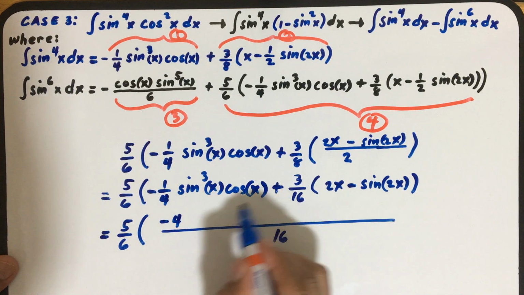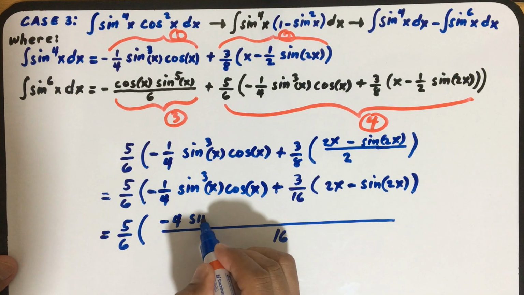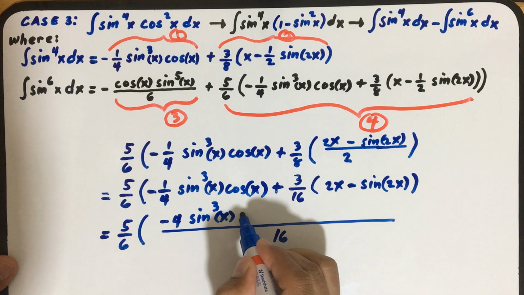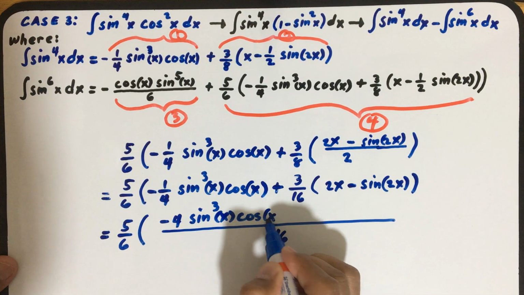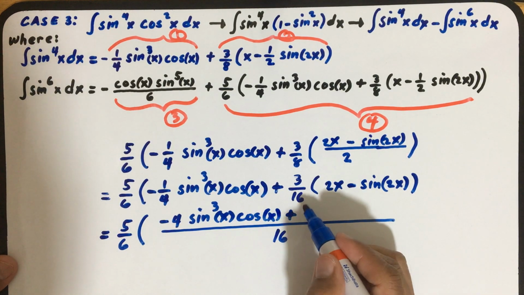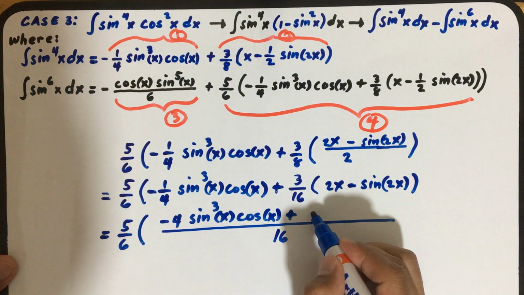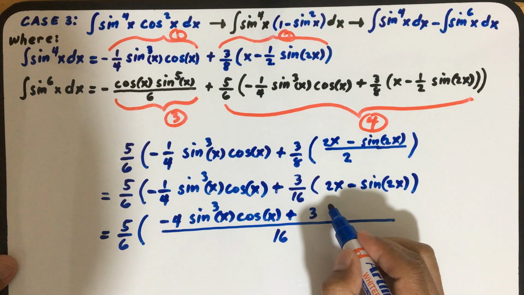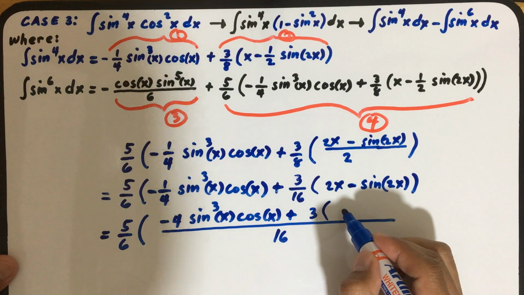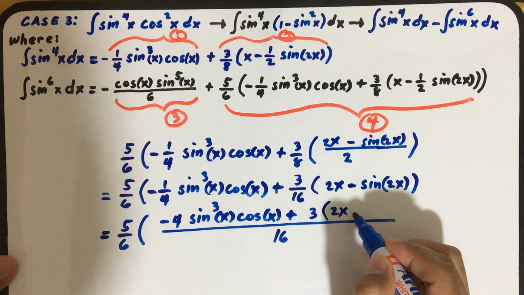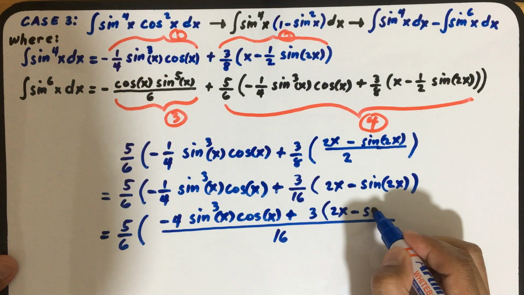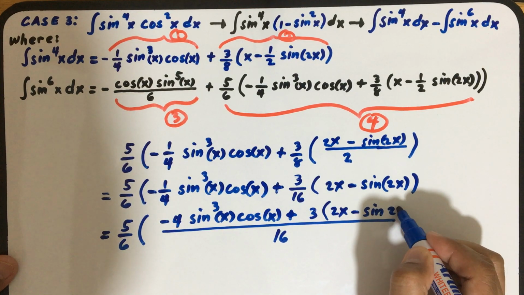Then it's multiplied by this, sine cube x cosine x. Then plus 16 divided by 16, 1, 1 times 3. So that is 3 times 2x minus sine 2x.